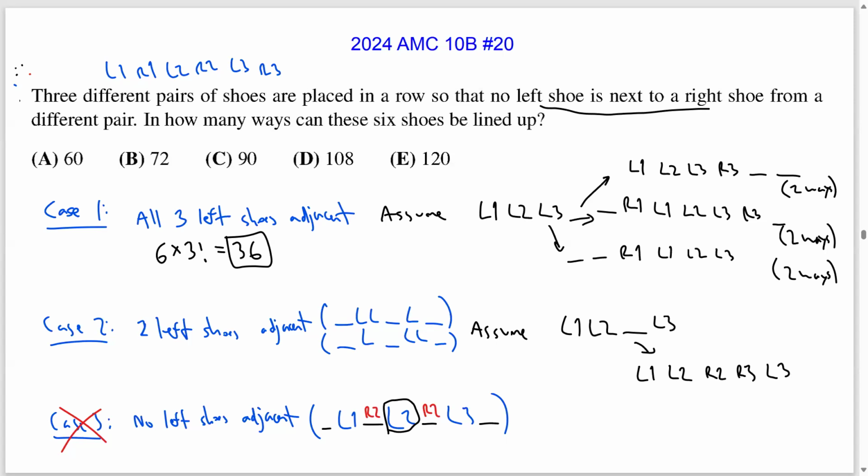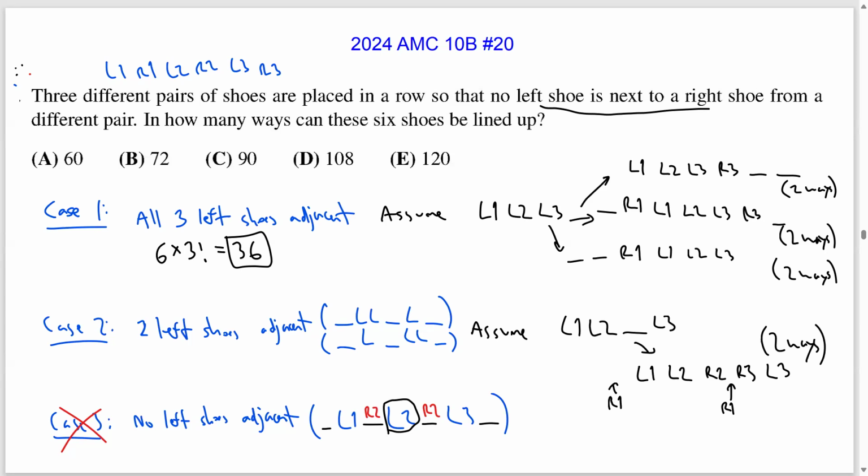It turns out that there are two possible ways we can place R1. I can either place R1 to the left of L1, or I can place R1 in between R2 and R3. And these are the only 2 possible ways.